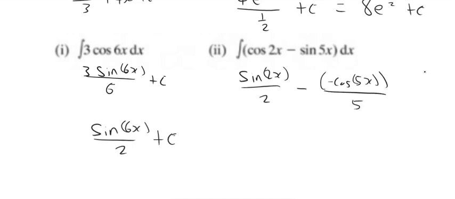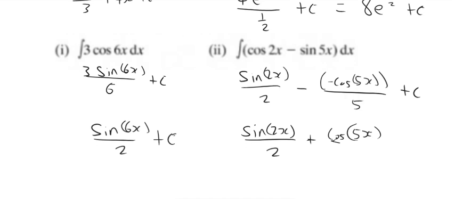So we have minus minus here, and my plus c in here as well, so it'll be sin 2x over 2 plus, because it'll have minus minus, cos of 5x over 5. And plus c, and that's it.